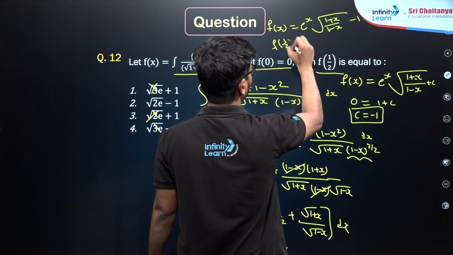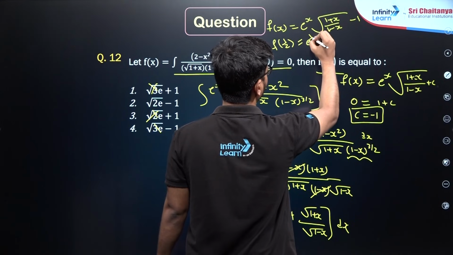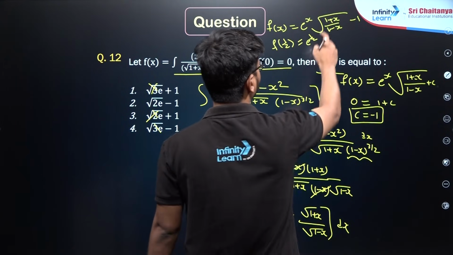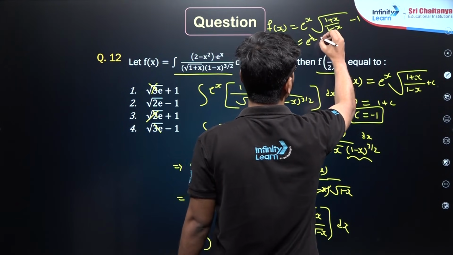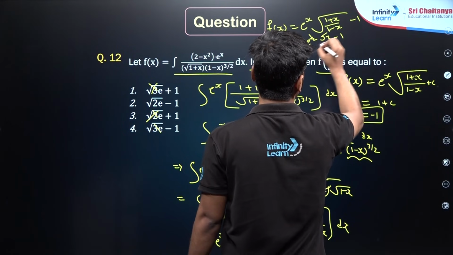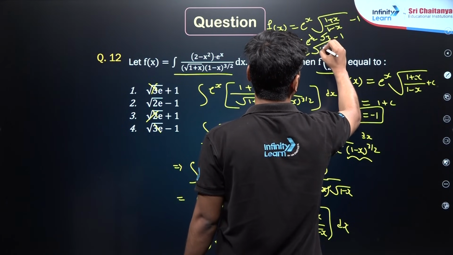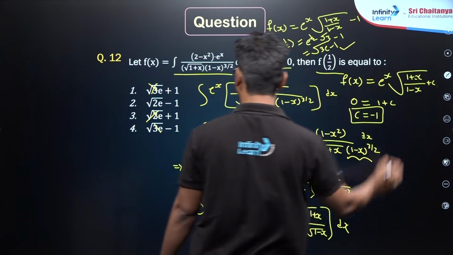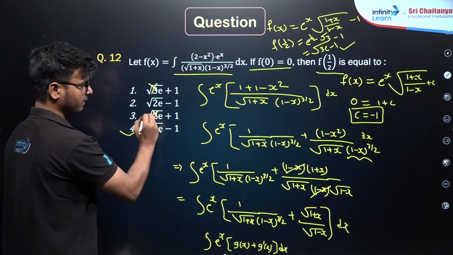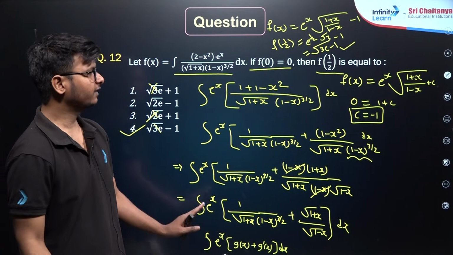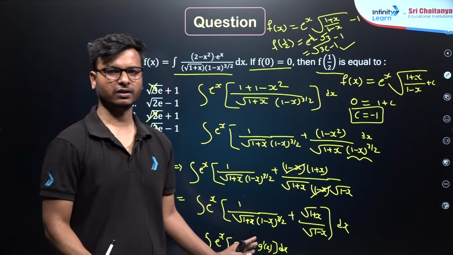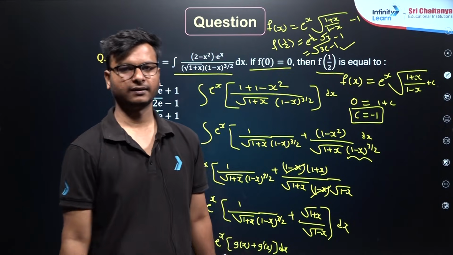The moment you put f of 1 by 2, you are going to get 1 by 2, and 3 by 2, 3 by 2, 1 by 2, here we are getting root 3 e minus 1. So I write it as under root of 3e minus 1, means the 4th is the correct answer. So just use the property in this question and the question is done.